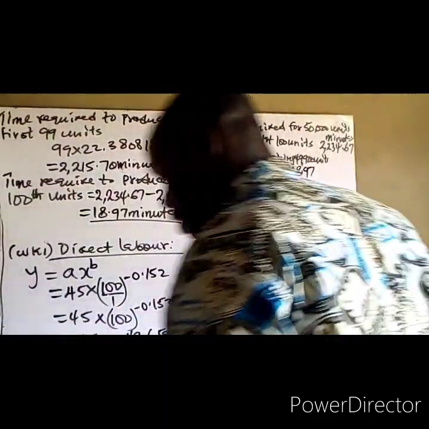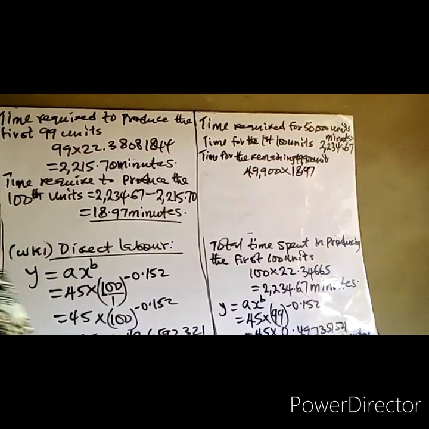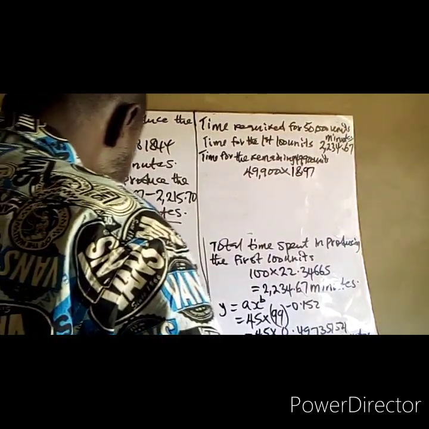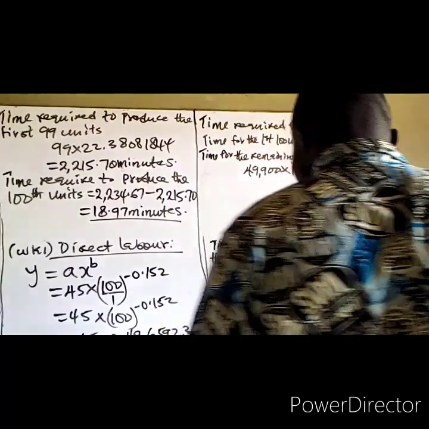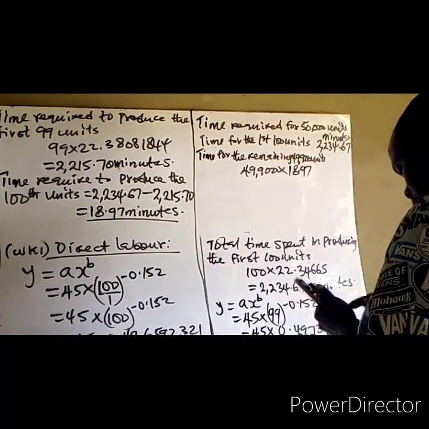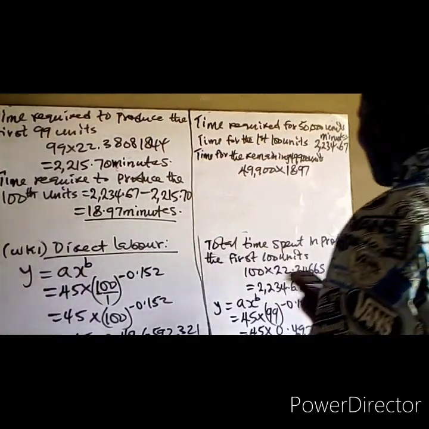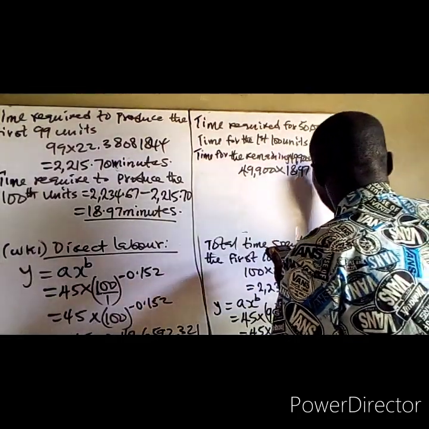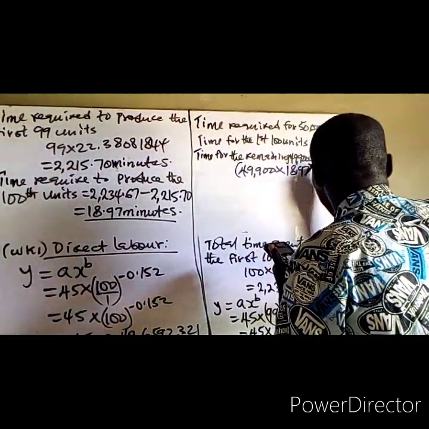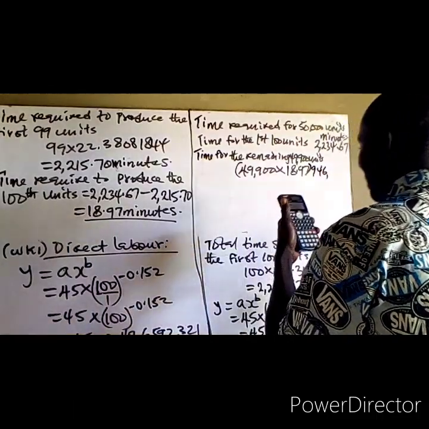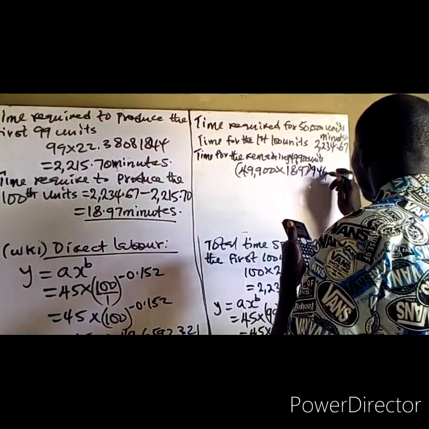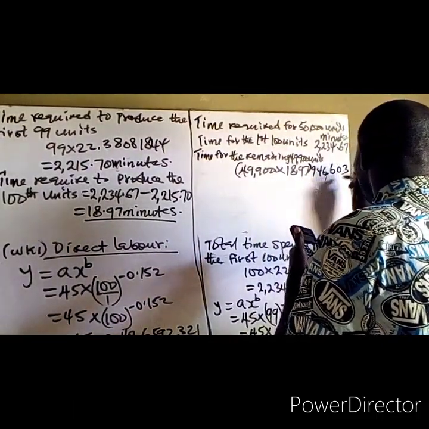So that will give us 18.97 times 49,900, which is 946,603 minutes.